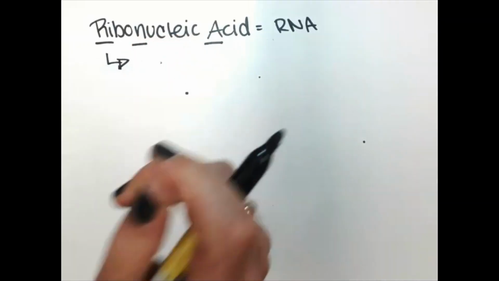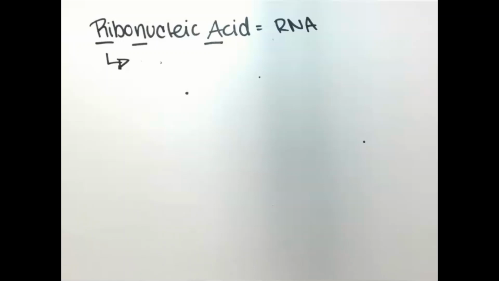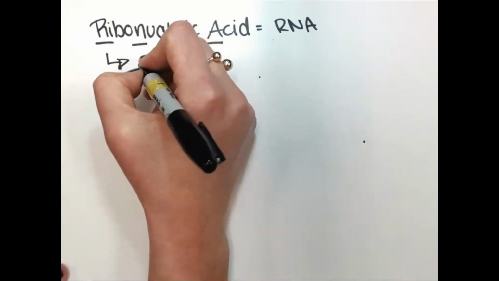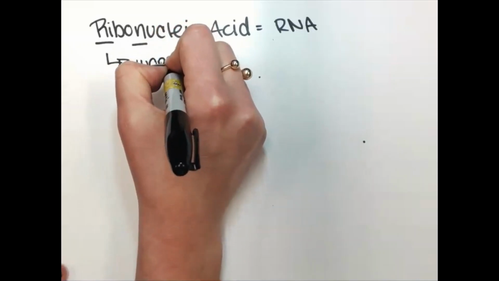So remember, DNA was your master copy that gets stored in the nucleus. You don't want to mess that up because it's like your copy of everything. But you don't always need all of your instructions all of the time. So RNA copies the section that you need to make the protein that you need. And so it's really your working copy.